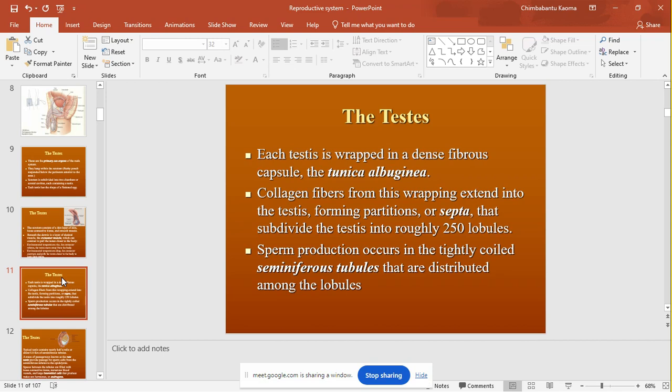It is said that each particular testis will have about 250 partitions, which are referred to as lobules. It is in these lobules, ladies and gentlemen, you're going to find tightly coiled tubules where spermatogenesis will actually take place. These tightly coiled tubules are referred to as seminiferous tubules.